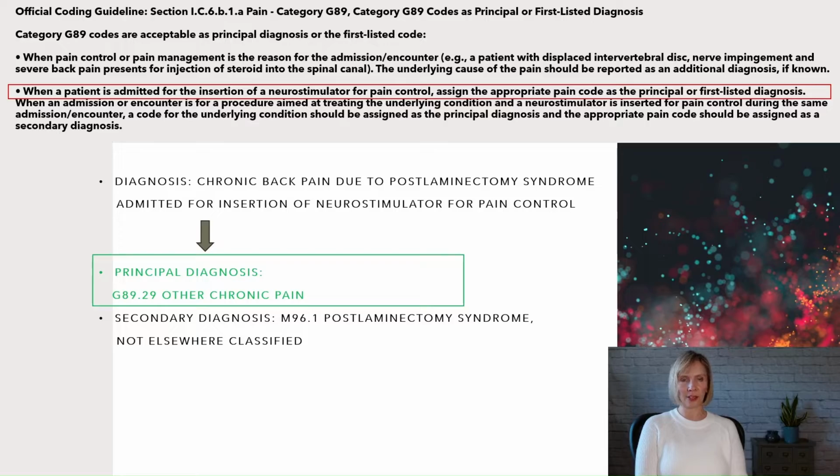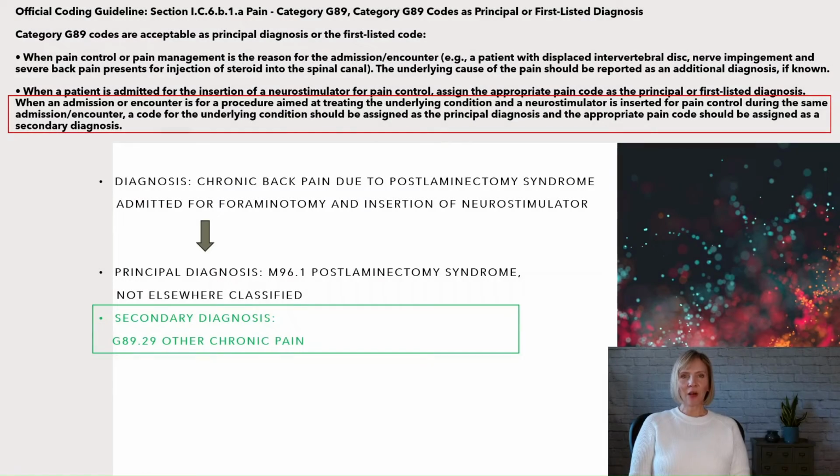However, if the patient is admitted to treat the underlying condition causing their pain and a neurostimulator is also inserted for pain control during the same admission, the principal diagnosis should be the code for the underlying condition causing the pain, with the appropriate pain code from category G89 assigned as a secondary diagnosis.